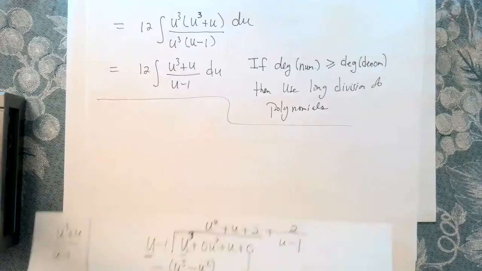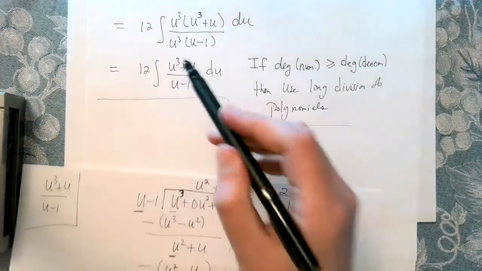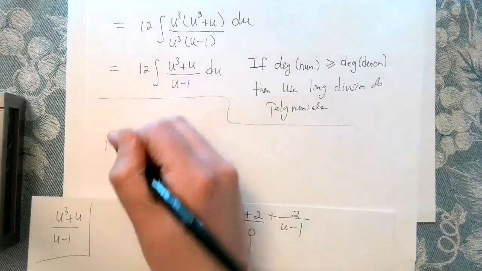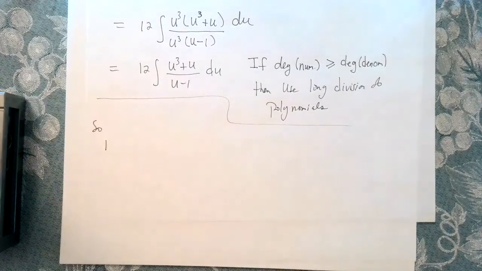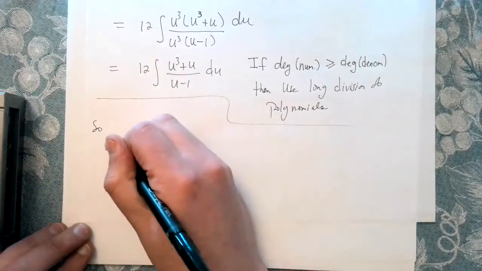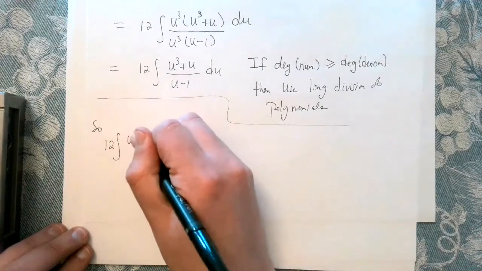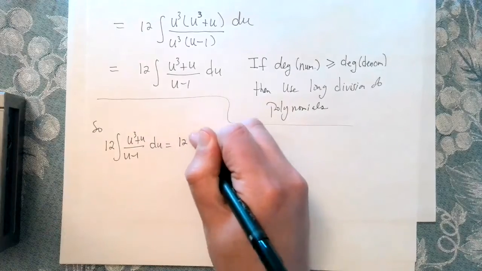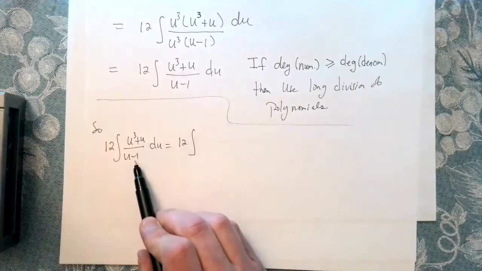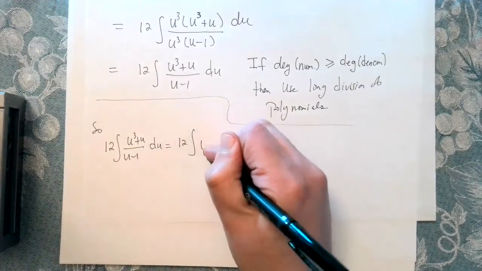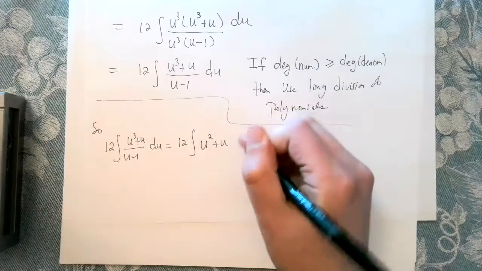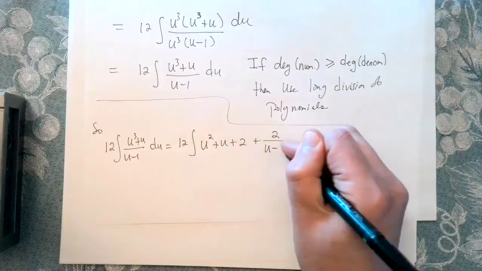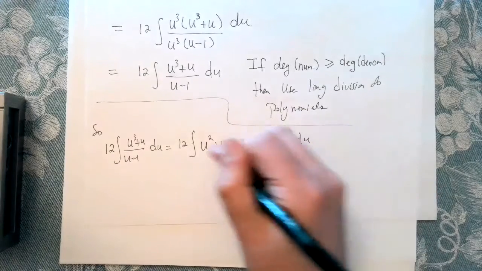Okay, so what does that mean for us? It means that this integral is equal to this new version. And so by algebra, this is equal to this, because we said this divided by this was equal to u squared plus u plus 2 plus 2 over u minus 1 du.